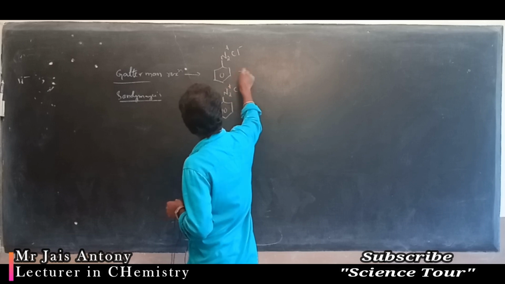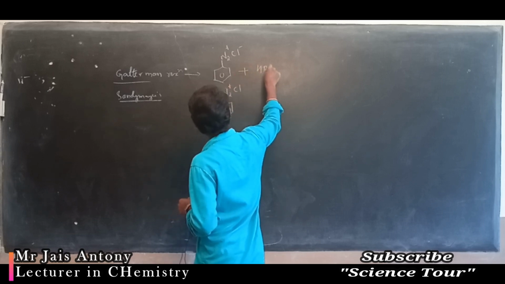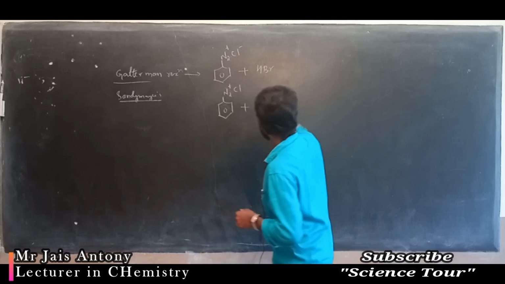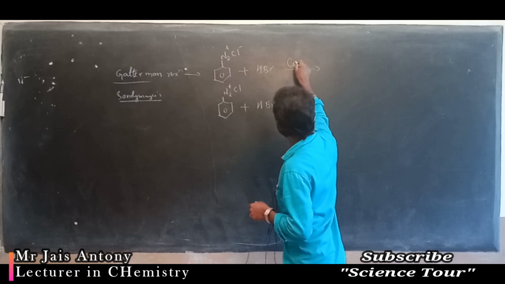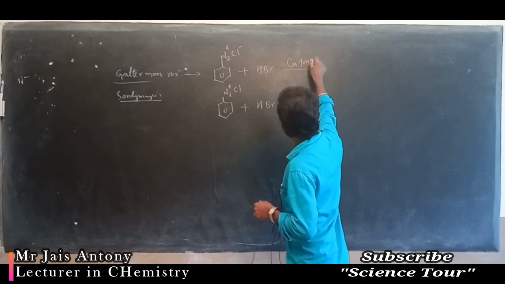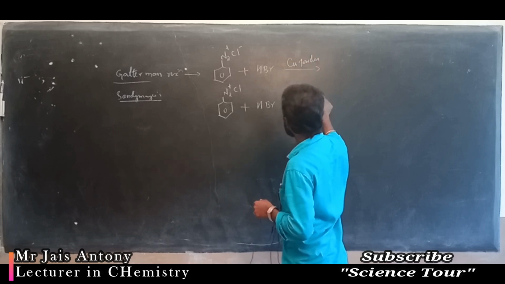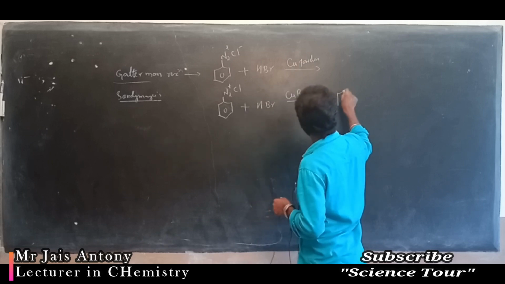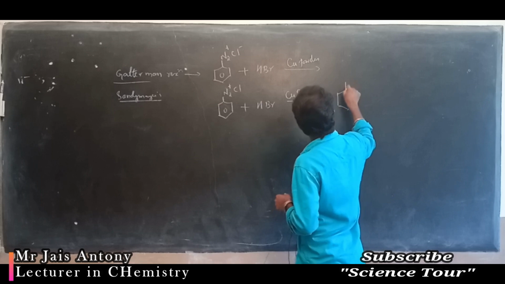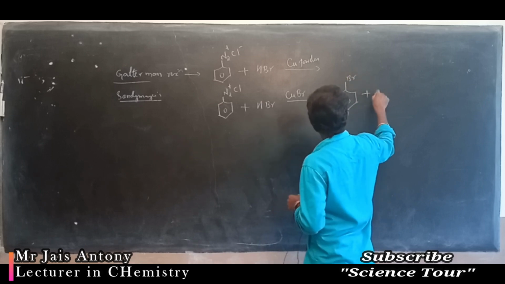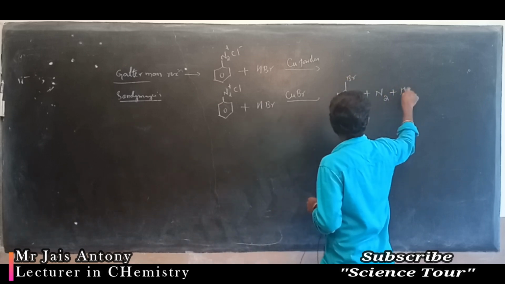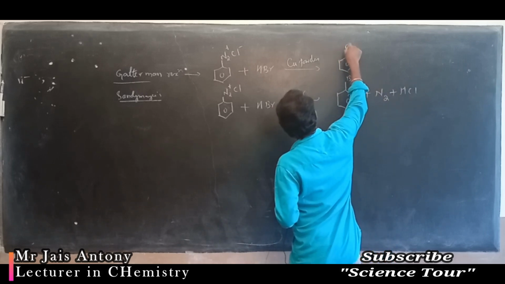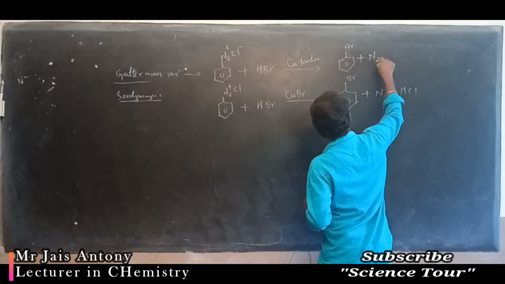This reacts with hydrogen bromide, and this also reacts with hydrogen bromide, but here the reagent used is copper powder, that is important. In Gattermann, copper powder; here, copper bromide. The product is also the same, bromobenzene, nitrogen, HCl.